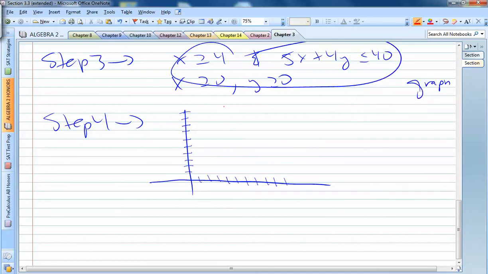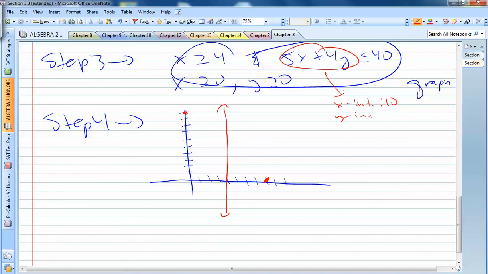So if I graph the first inequality, I'm going to have a vertical line, and I'm going to have to shade to the right. If I graph the next one, looks like the x-intercept is 8, and the y-intercept is 10 for this one here. And remember, x-intercept was when y equals 0.